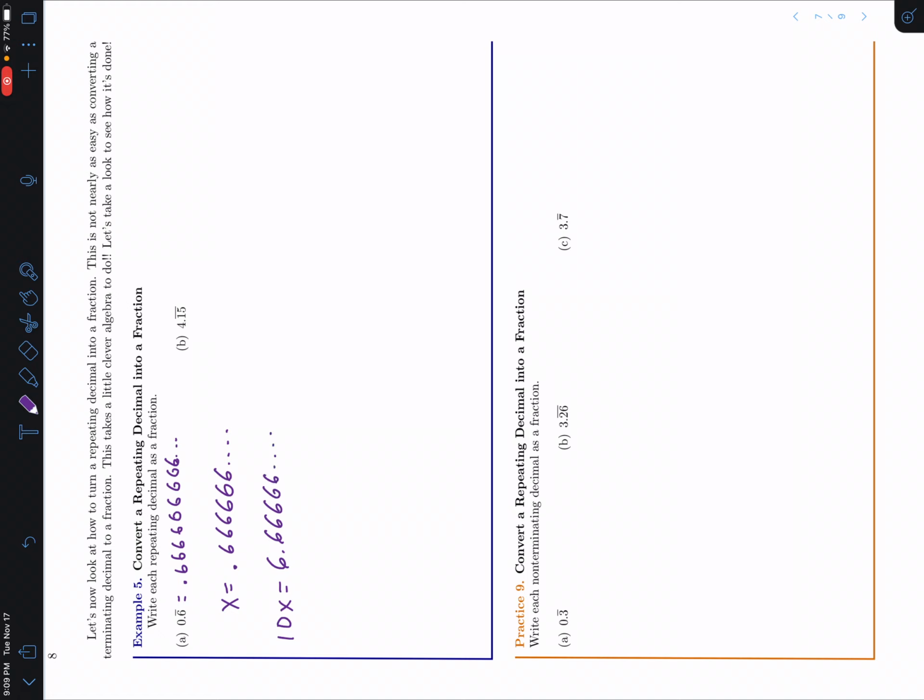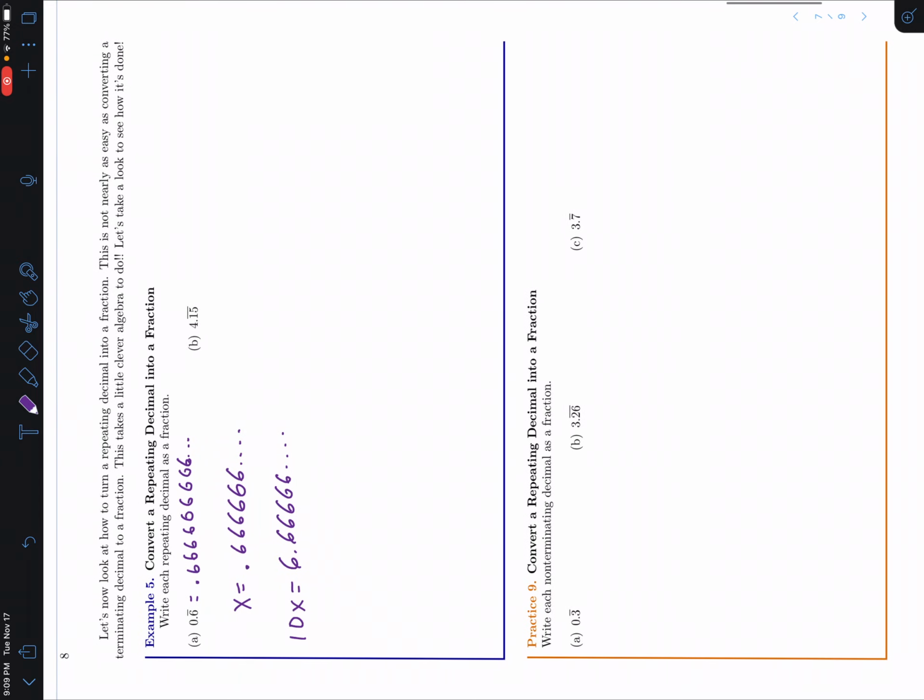And so now what I want to do is subtract these two equations from each other. So let me write minus x, 0.66666, underneath. The left-hand side's nice and easy: 10x minus 1x is the same thing as 9x. But what happens on the right-hand side when I subtract that? Well, hopefully a bunch of people are screaming out, all the decimals disappear.